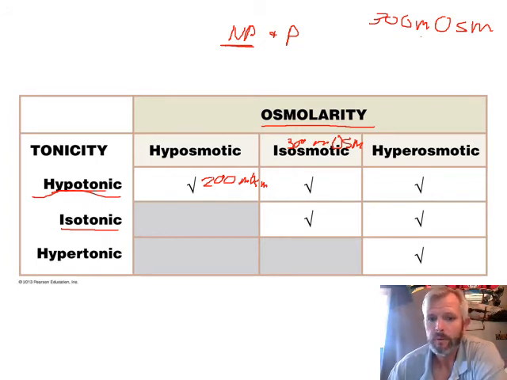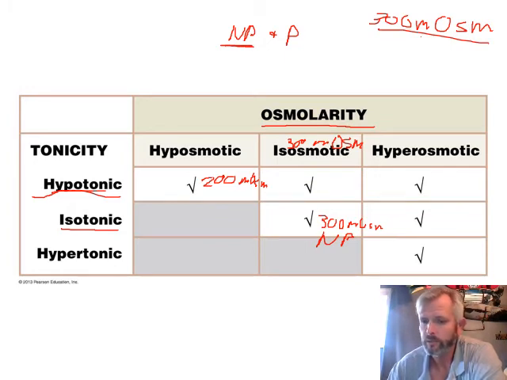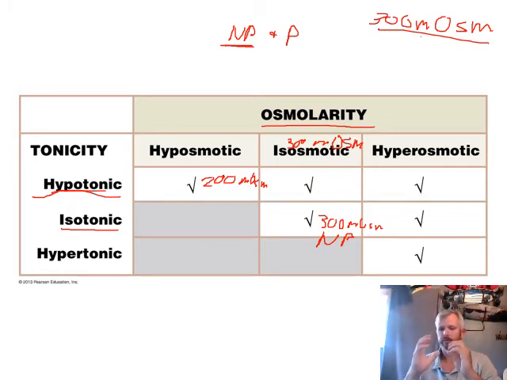I can have 300 milliosmoles that is non-penetrating. Let's compare non-penetrating: 300 in the solution, 300 up here in the cell. It's isotonic. No water's going to move. The cell's not going to shrink or swell.